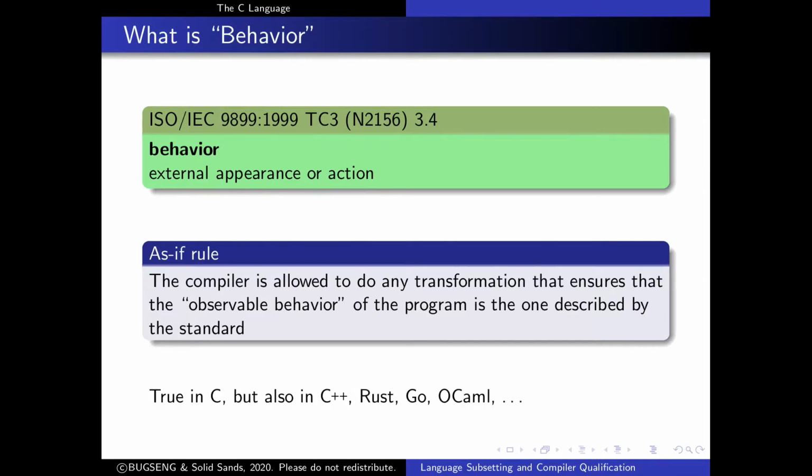This is not a peculiarity of C only. It's also true in C++ and other languages. It is true in all languages that have been designed to admit an optimized compilation implementation. So, in having to preserve only the behavior observable from the external world lie many of the opportunities for optimizations in the compiler.